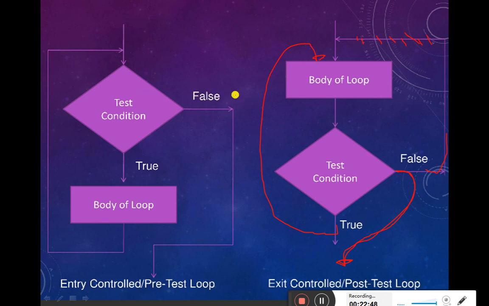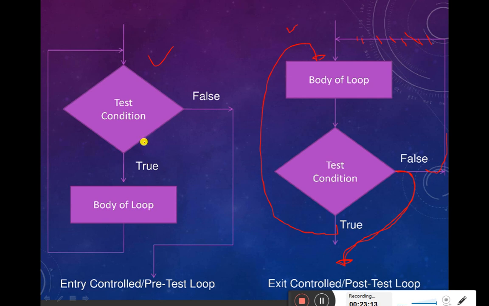You can notice one important difference between this category of statement and this category of statement. In the first category, the condition test occurs first. So if the condition test becomes false on entry itself, the body will never be executed.